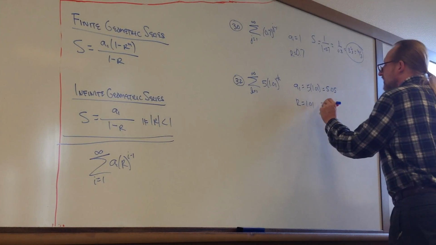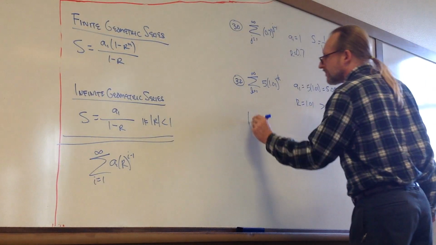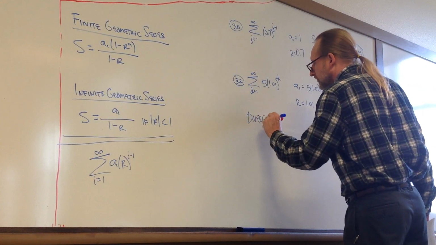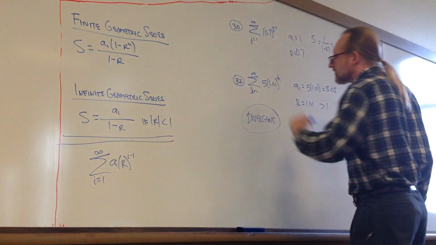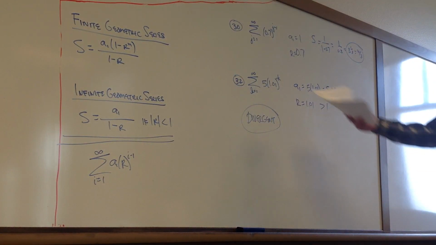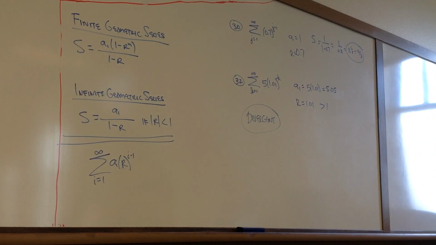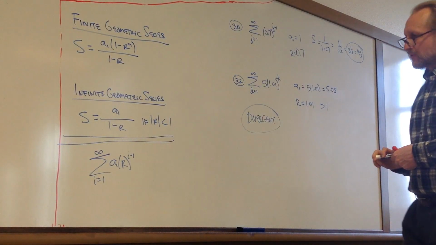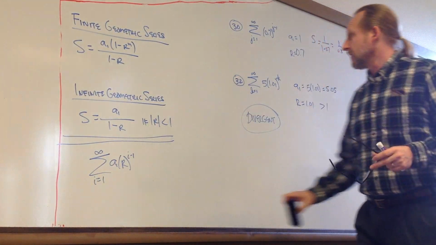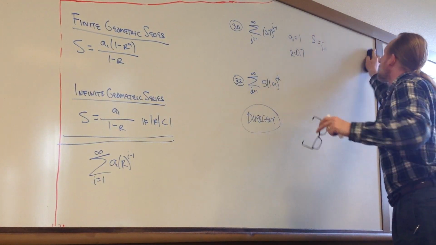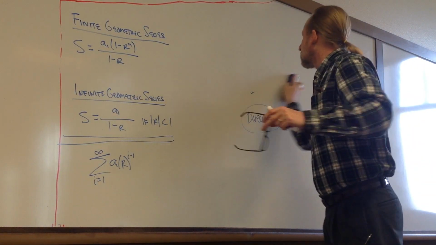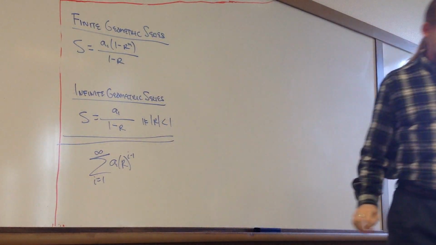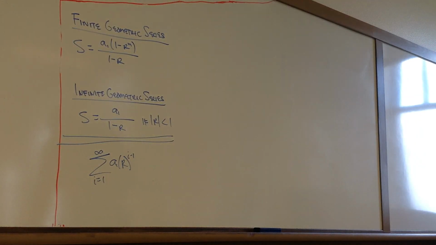But again, notice this is greater than 1. This is another divergent series. If you start calculating these terms and adding them up, it's going to continue to get larger and larger and larger. It'll never converge around a particular value. All right, so we'll look at just one or two more here, see what else we've got. Let's see, so that was 32.